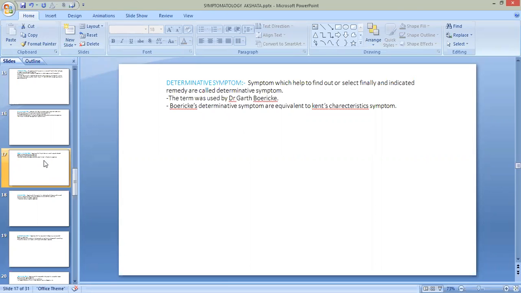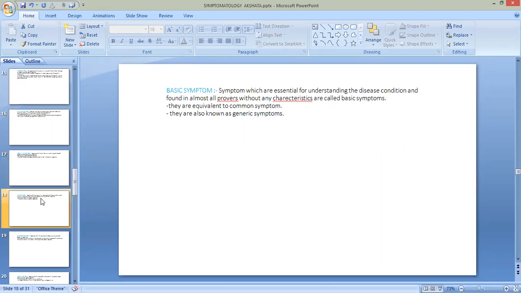So the determinative symptom and characteristic symptom are nothing but the same, and these help us to find out or select the final remedy, final simillimum. So these symptoms are called determinative symptoms according to Dr. Boericke, and characteristic symptoms according to Dr. Kent.